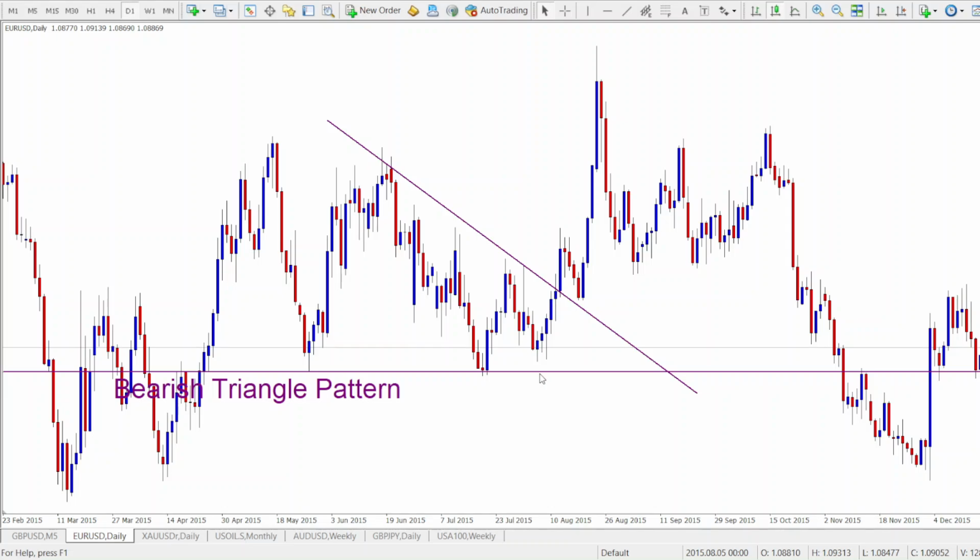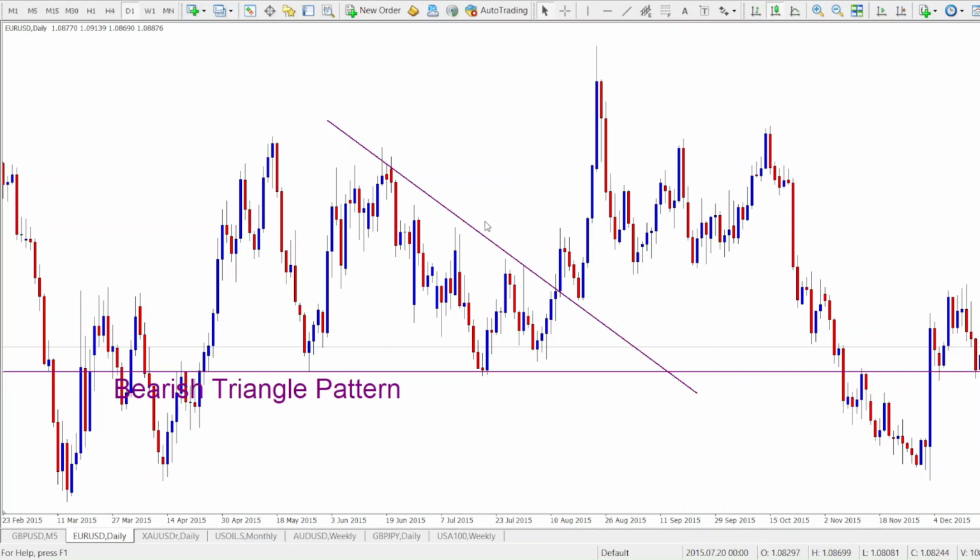You could have a horizontal support line and a downward sloping trend line on the top, just like we had here. So this is also called a bearish triangle pattern.